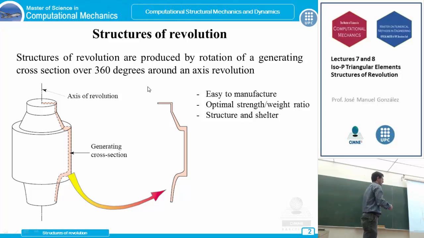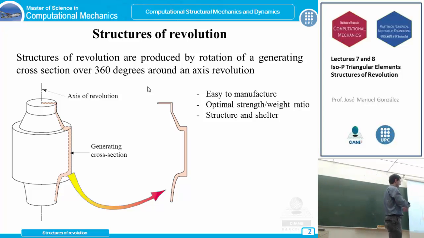Okay. So this is useful because many things in structural engineering involve these revolution bodies, because they are easier to manufacture than much more complex geometries. Besides, these revolution bodies have an optimal strength-weight ratio because of the distribution of the particles.